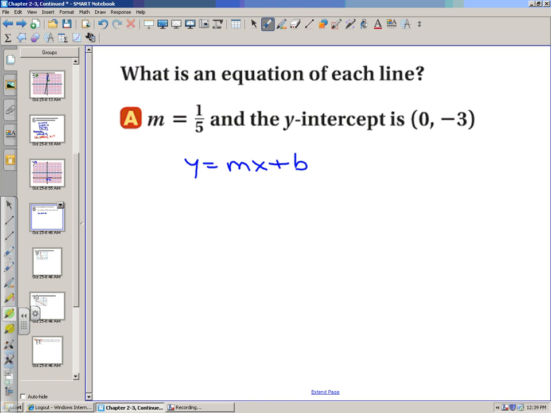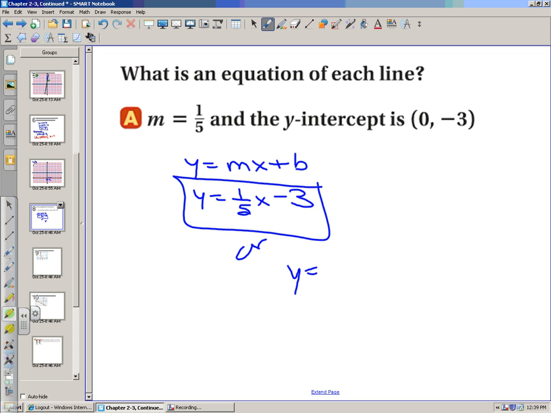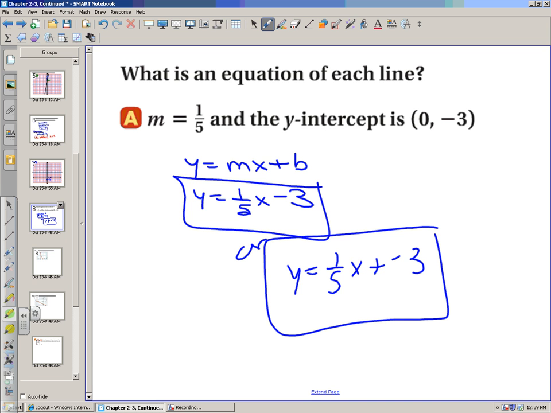The answer. Or -3. Very good. Thank you, Danny. She is right. Do we understand that? Great. They're the same. Plus negative is the same thing as minus.